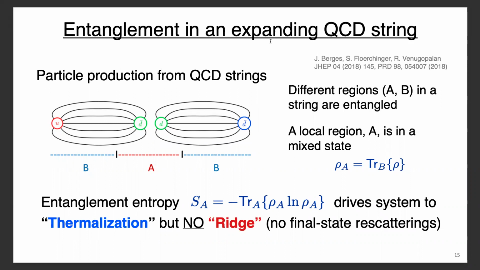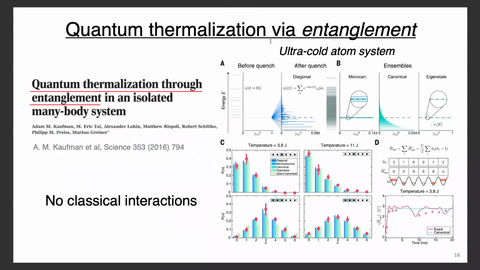Then this entanglement entropy would drive the system to appear thermal. But there's no ridge or long-range correlation because there's no real final-state rescattering. It's a quantum effect. Actually, this is a well-known effect in atomic systems. This quantum thermalization through entanglement, without involving classical interactions, has been demonstrated in cold atom systems. So maybe this is something related to what we see in E plus minus.